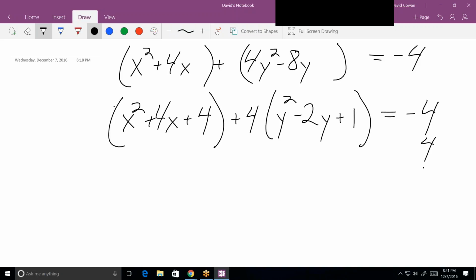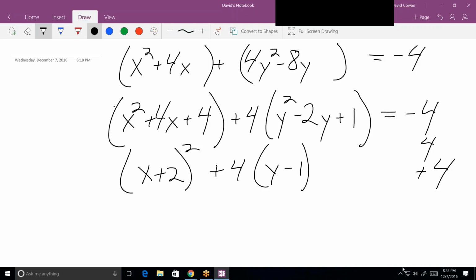That's why I can't skip steps, because I have to know what to add to the other side to balance that. Now I can write it as a linear term. x plus 2 squared plus 4 times y minus 1 squared, and it's equal to 4. If I add those 3 numbers together, I get 4.